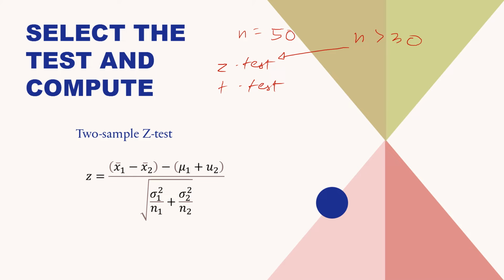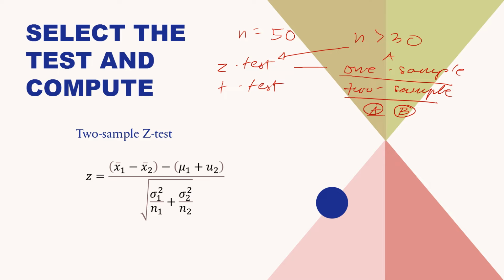Now, there is the issue of choosing whether we're going to use one sample or two sample. Since we've already established that a one sample t-test or one sample z-test is just one group of samples, and a two sample z-test uses two groups of samples, in this case we have thread A and thread B, so we have two different samples, so we have to go with the two sample z-test.